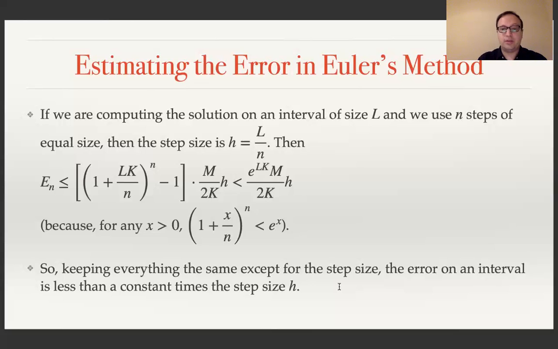If we use 100 times as many steps, then we reduce the error to 1 over 100 of what it was. At the same time, if we use this method over a very long interval, then the error will increase exponentially with the size of the interval.